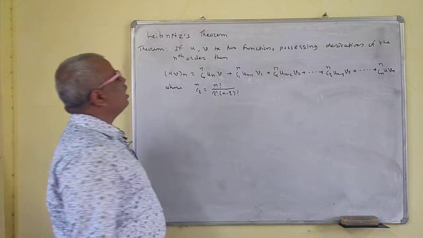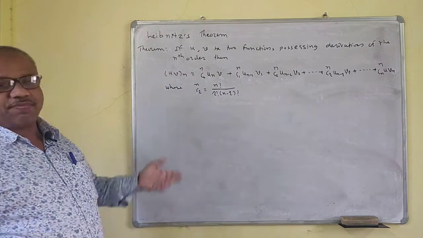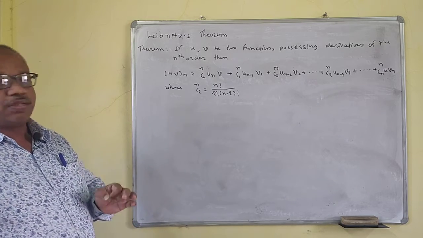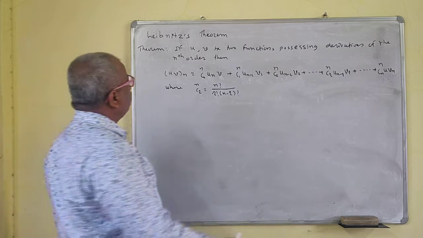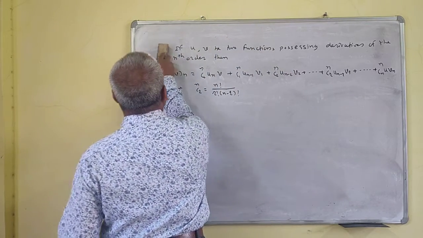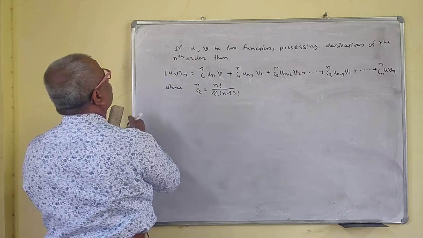Now n is what here? We are differentiating n times, that means n is a natural number.